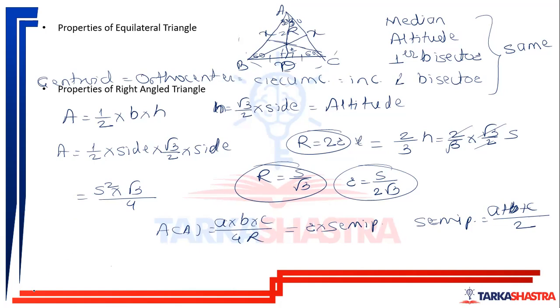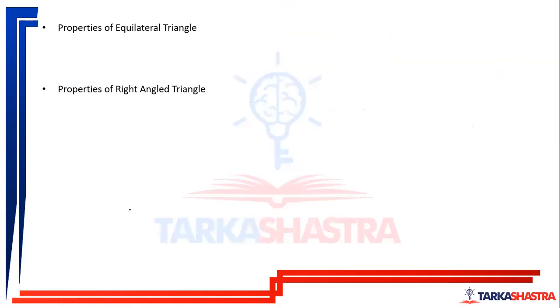Similarly, there is one more type of triangle based on the angles, which is the right angle triangle. This is how it looks. Any one of the three angles is equal to 90 degrees, and using the Pythagoras theorem I get a square plus b square equal to c square. Correct.